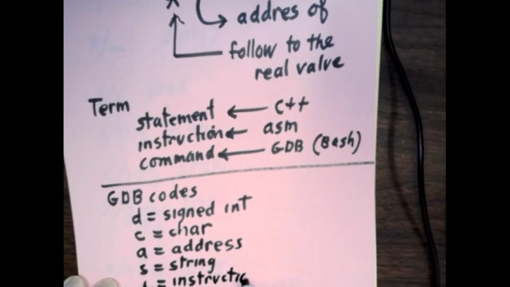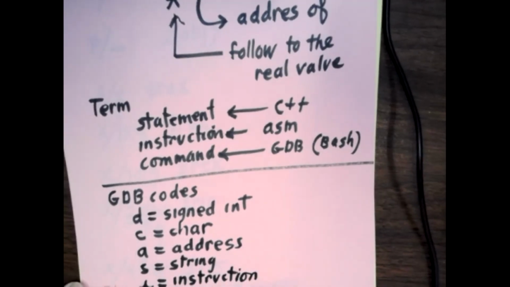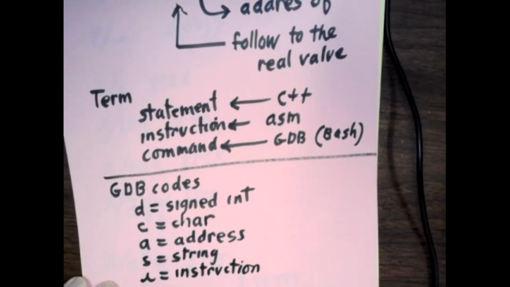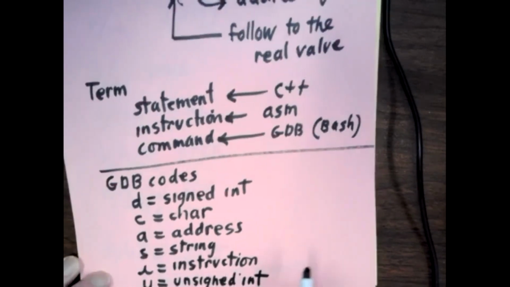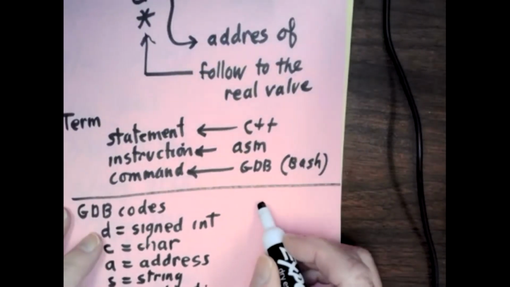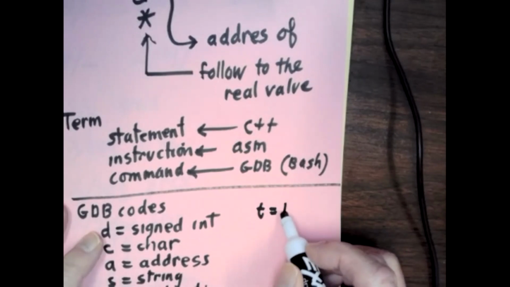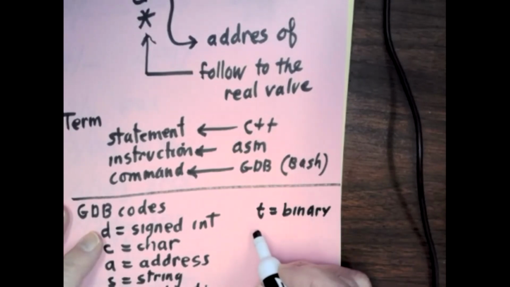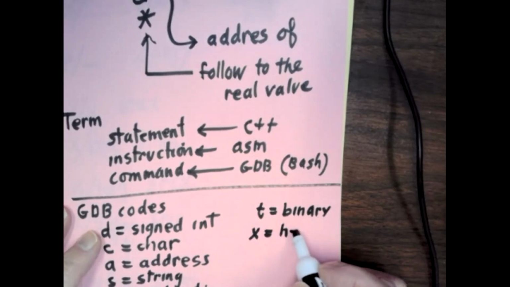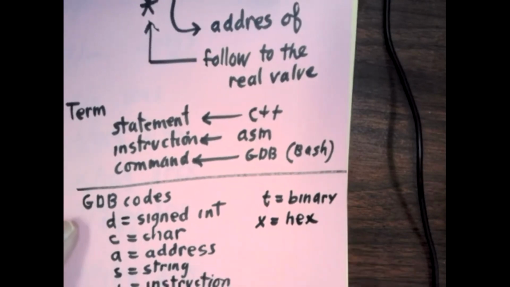That's an assembly word. And U means unsigned integer. Two more to go. T means binary. And X means our old friend here, means X.